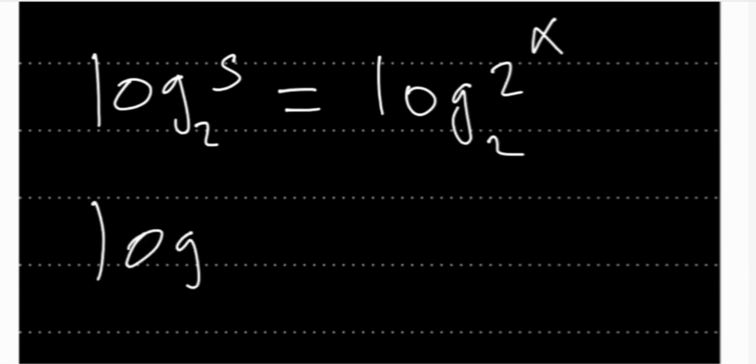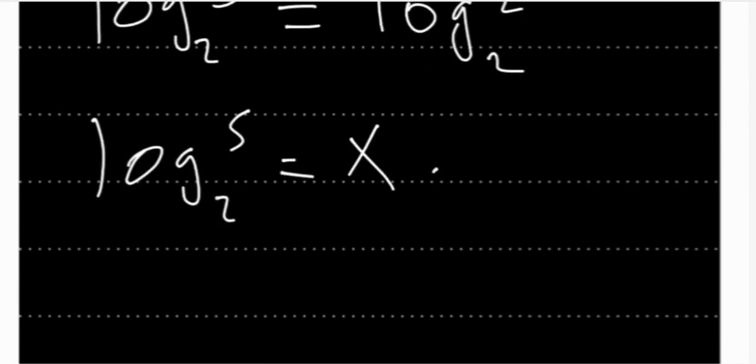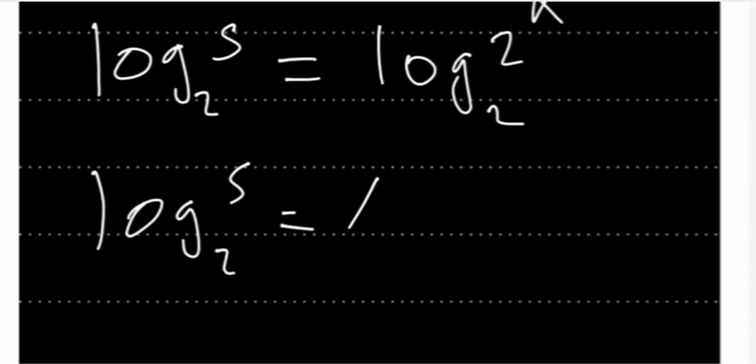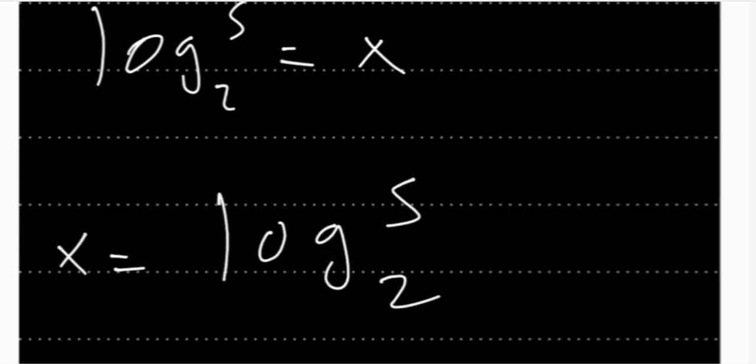So log of 5 in the base of 2 is equal to, now x is in the exponent, goes multiplying, log of 2 in the base of 2, which is 1, right? So multiplied by 1, so x. So this is small x, okay? So the small x minimum is equal to log of 5 in the base of 2, okay?